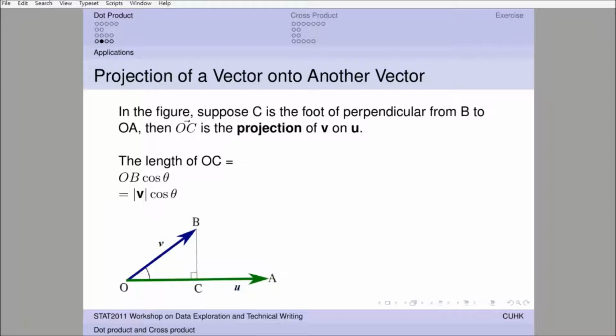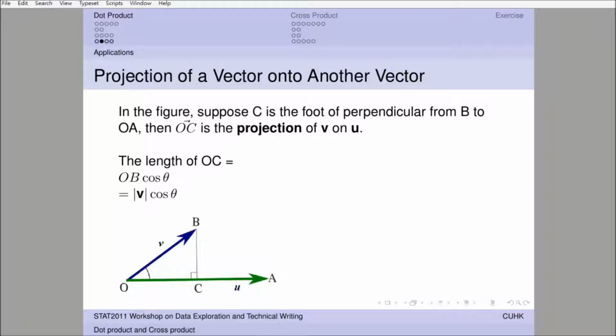Dot products can be applied in two areas. The first one is finding the projection of a vector onto another vector. In a figure, suppose C is the foot of the perpendicular from B to OA. Then we call vector OC the projection of v on u.